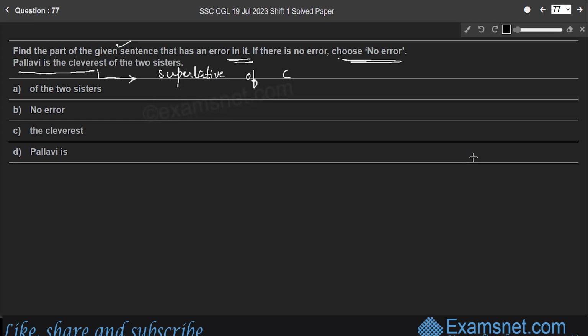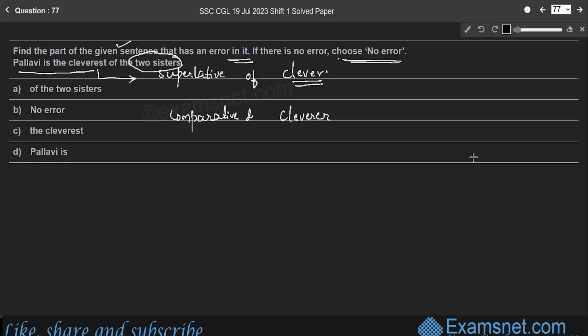Superlative is used to compare more than two people or more than two things. Here there are two sisters. So the comparative degree of the adjective clever is used. Here the comparative degree of the adjective clever is cleverer. So cleverer is comparative.